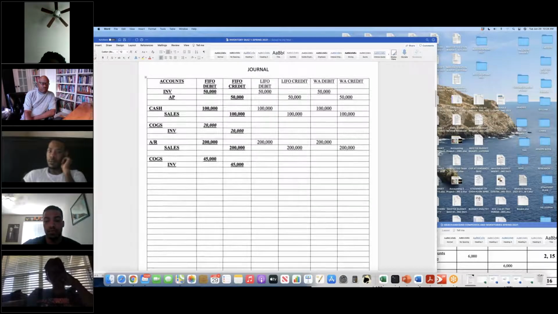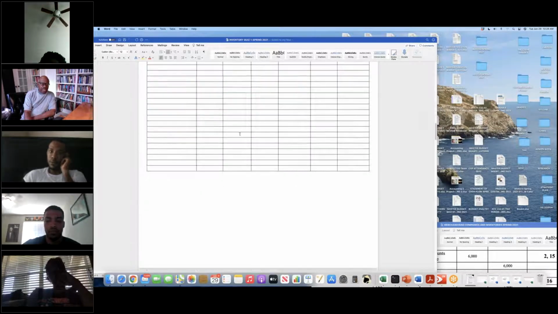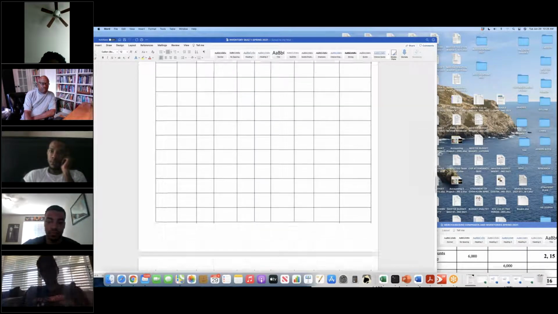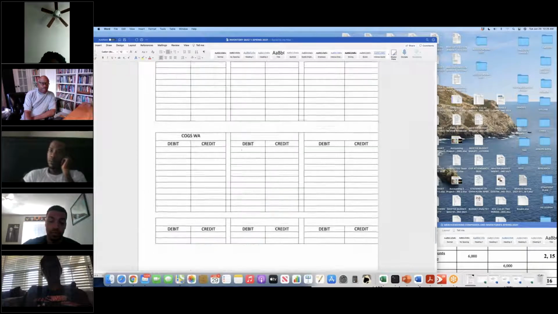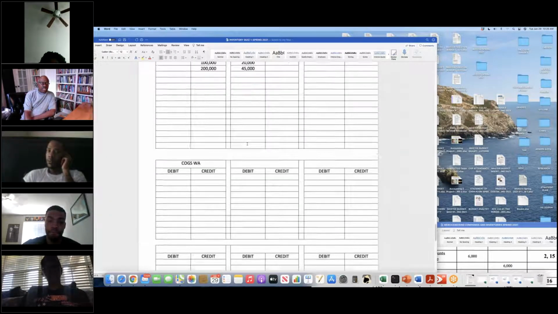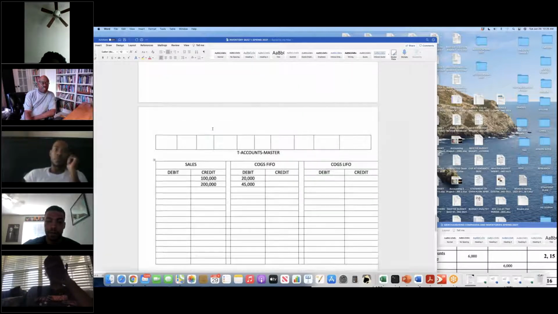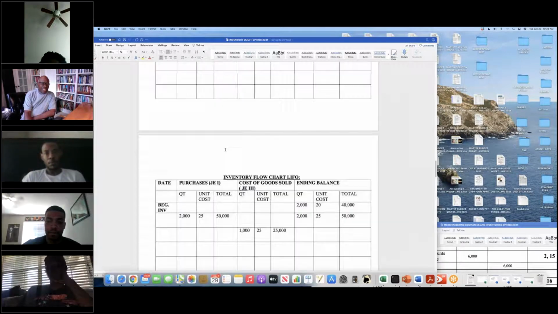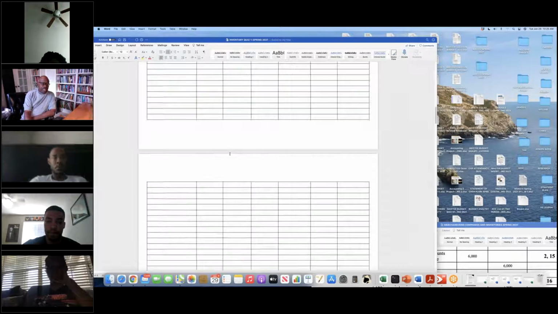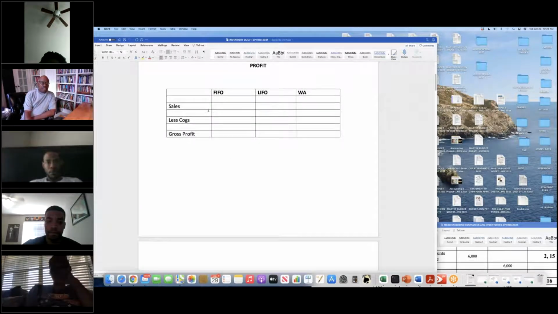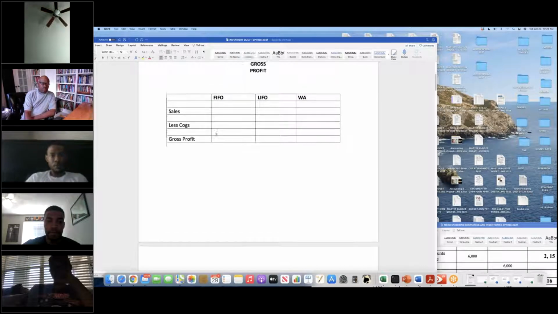And we said when we made that sale, then we would go to the T account for sales and put in the 100,000 sale. Because at the end of the day, you're going to come from that T account to answer the question: what was sales, what was cost of goods sold, what was gross profit.